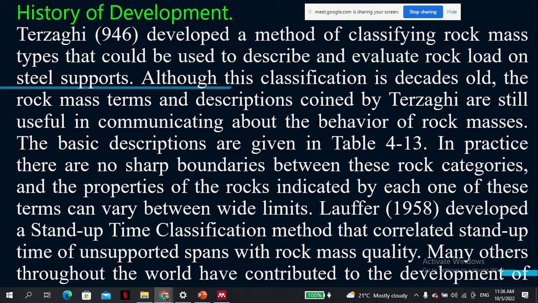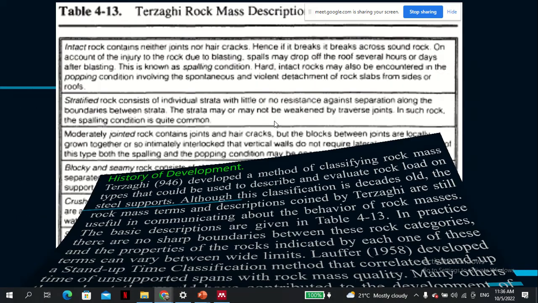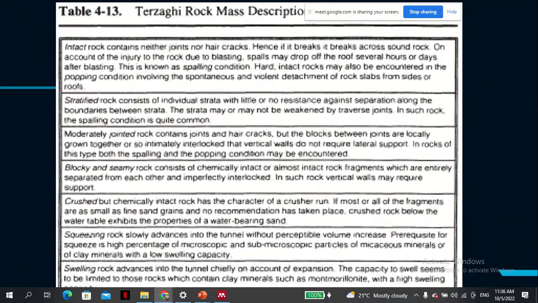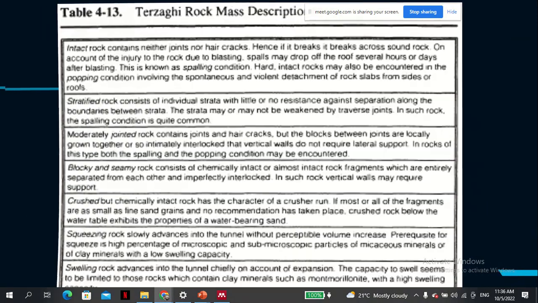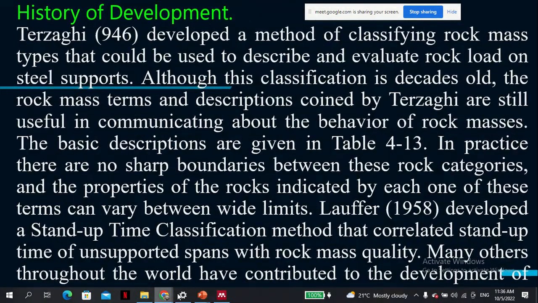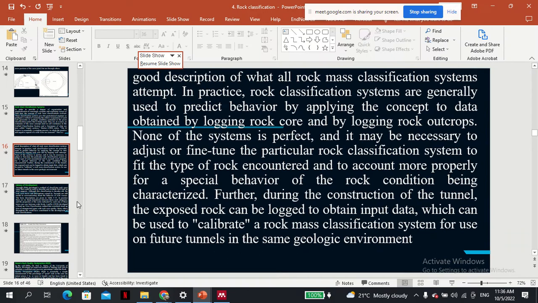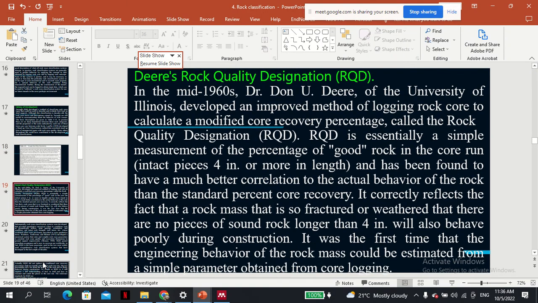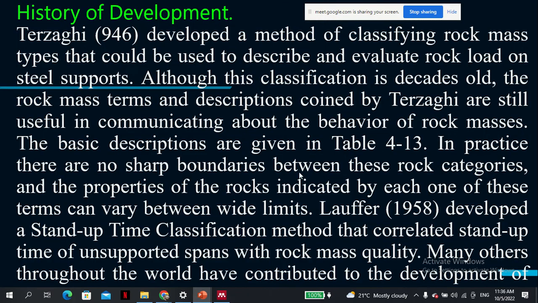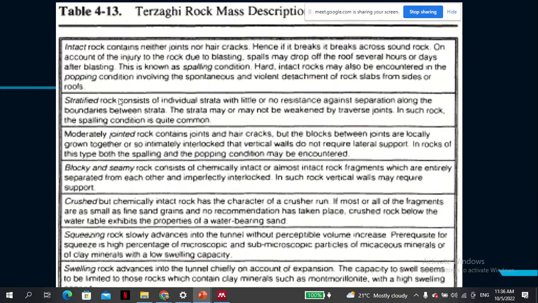Many others throughout the world have contributed to the development of rock classifications. So this is the table by Terzaghi.